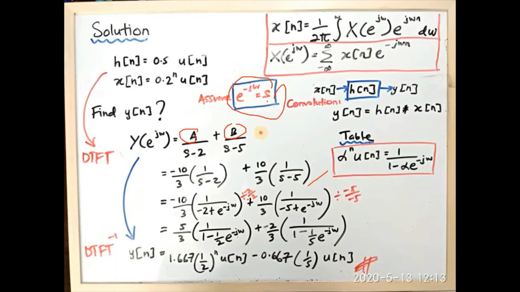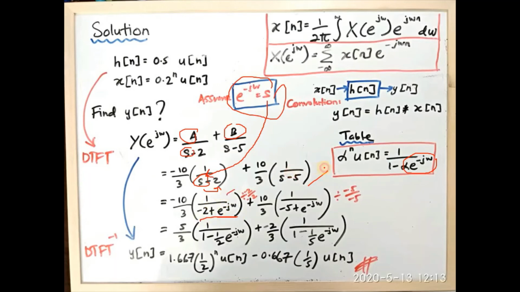So substitute back s here and rearrange it, so that the e^(-jω) will be on the right side over here. Instead of the s value on the left side, I rearrange it to the right side. When you arrange it, you will get it in terms of this value.